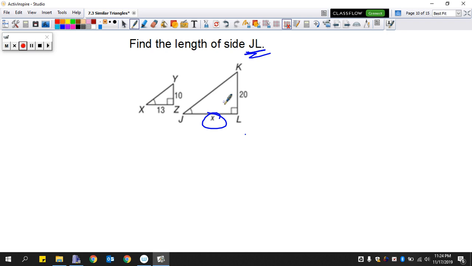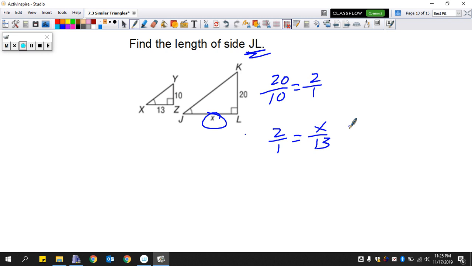So that tells us that they're similar. So we can write this as either 10 to 20 or 20 to 10. I'm going to write it as 20 to 10, which reduces down to 2 to 1. Okay, so we have 2 to 1 is equal to x to 13.